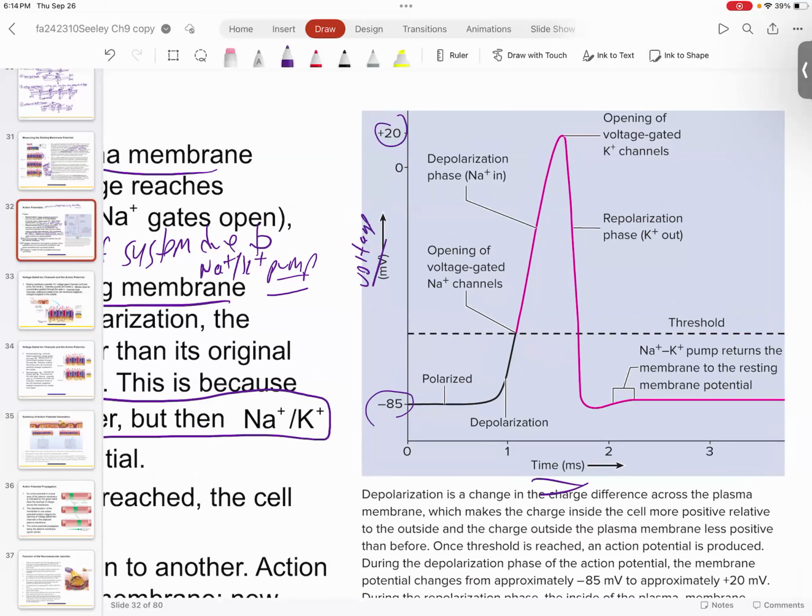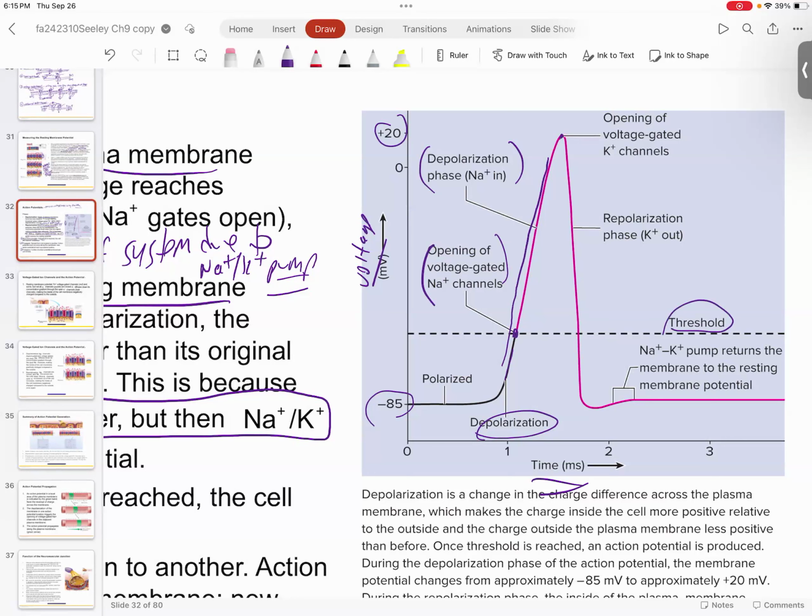And eventually what's going to happen is you're going to get a depolarization event that's going to basically increase your voltage by a lot. So you see this sharp incline, this positive slope. It represents the depolarization, the point at which your sodium ion is rushing into the cell, flipping that charge. This is typically associated with the opening of those voltage-gated sodium channels. That usually happens right at threshold.